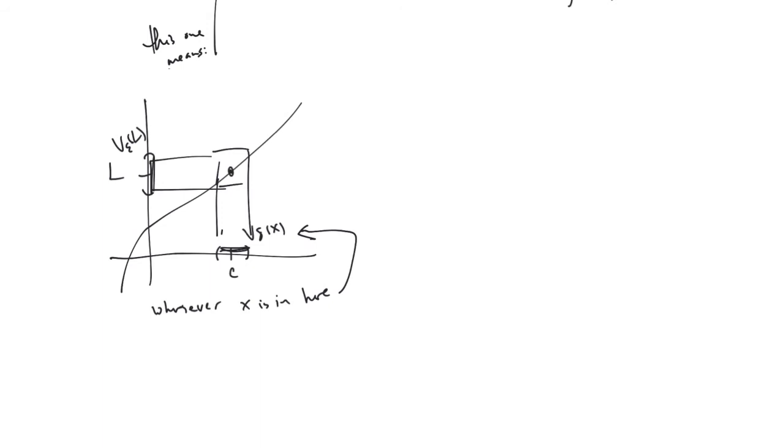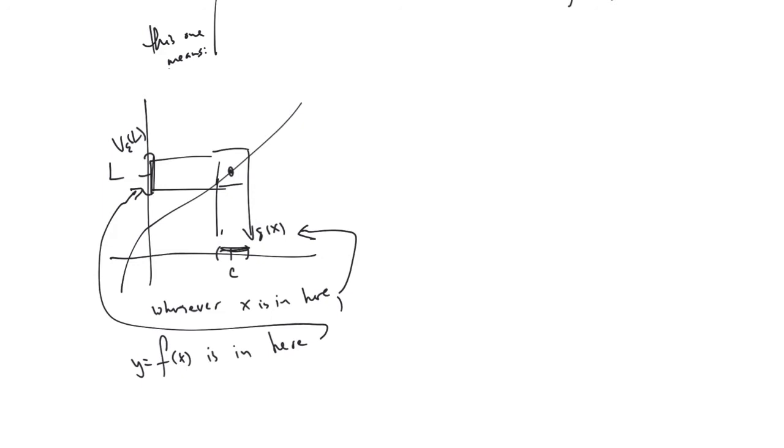Whenever x is in this set, f of x, the y value, is in this set over there, all right? That is the idea behind the epsilon and delta definition. If the x's are really close to C, then the y values would be really close to L, all right?